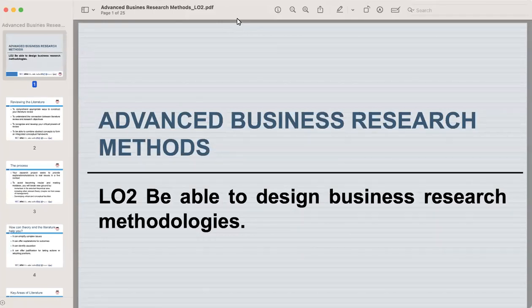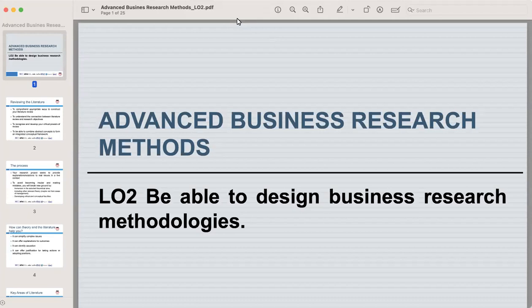So let's start with our learning outcome 2, which is be able to design business research methodologies. Today's lecture on advanced business research method. In this session, we will explore the essential aspects of designing business research methodologies.